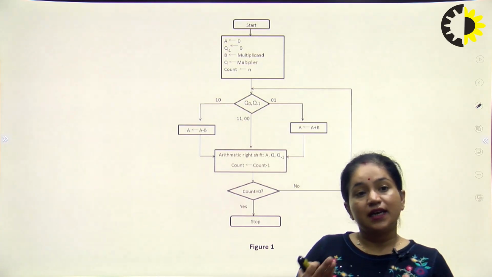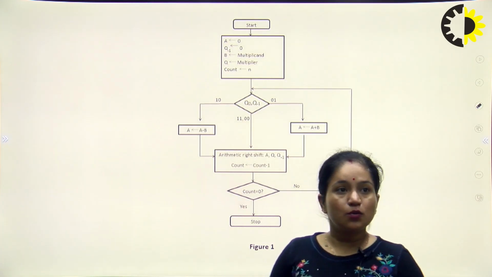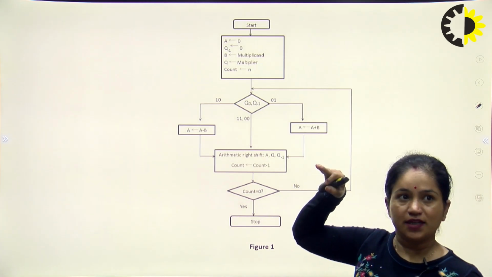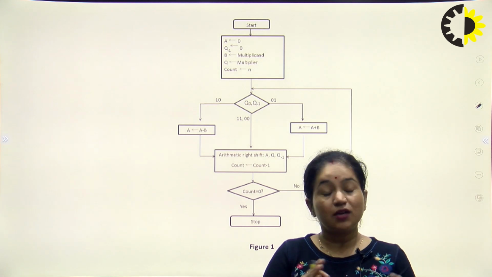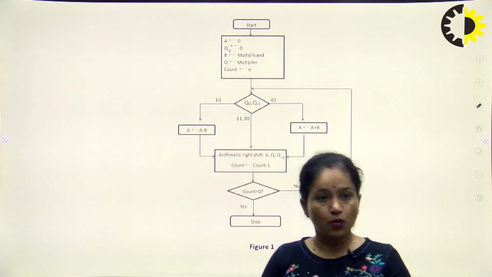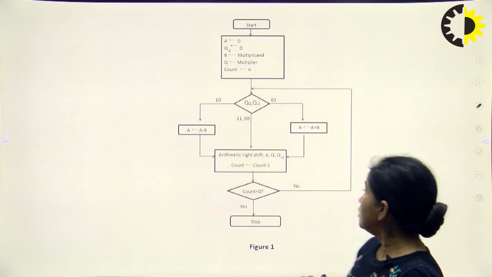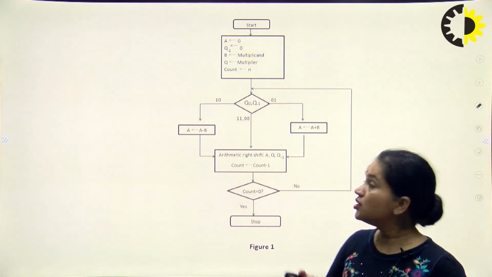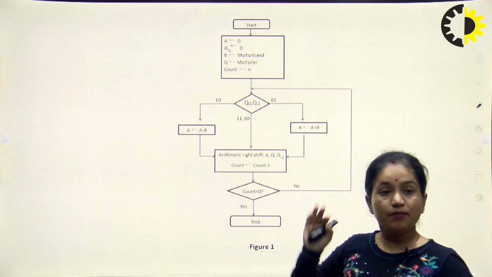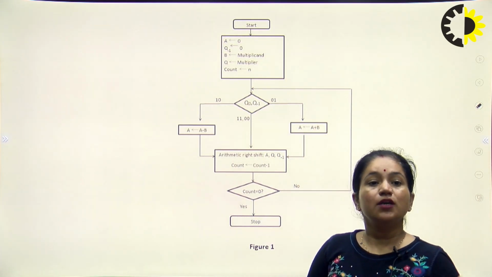There are certain decisions we need to take. As I told you, there are two things I am taking: Qn and Qn minus 1. There are two values we need to consider. Initially q minus 1 will be 0, as we have taken over here. Now what matters is the q naught value.